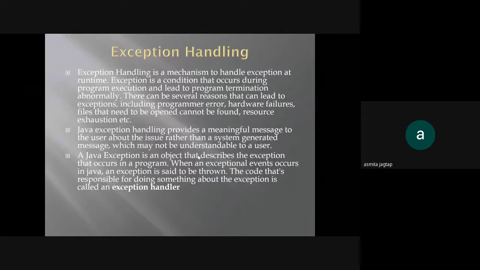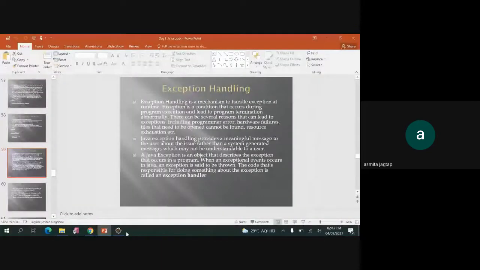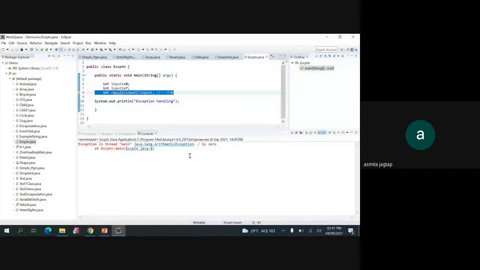Java exception handling provides a meaningful message to the user. Whenever an exception happens, the compiler gives a pretty clear explanation, like your execution ended because of an arithmetic exception, because of divide by zero. So it gives a clear explanation of why it failed.